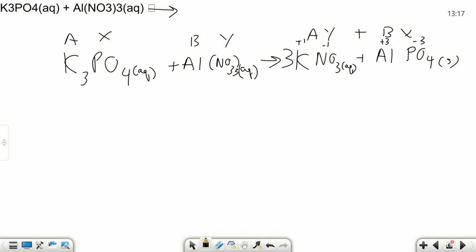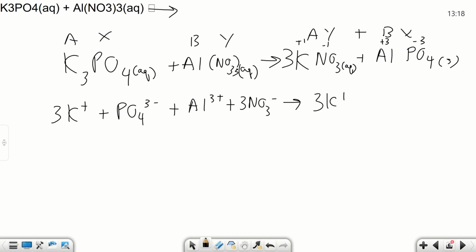So then we write our complete ionic equation. 3K plus plus PO4 3 minus plus Al 3 plus plus 3NO3 minus yields 3K plus plus 3NO3 minus plus AlPO4 solid. Spectator ions, K and NO3.